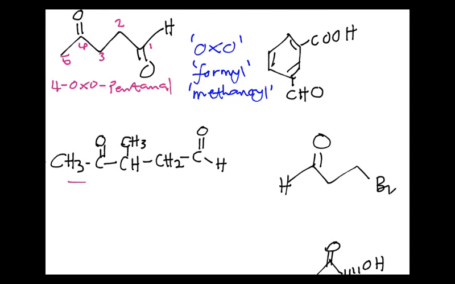So let's start by numbering 1, 2, 3, 4, 5. Alright, on carbon number 3 we have a methyl group, and on carbon number 4 we have an oxo group. And let's try naming so that we have it arranged in alphabetical order.